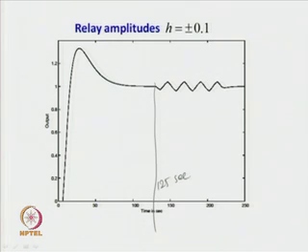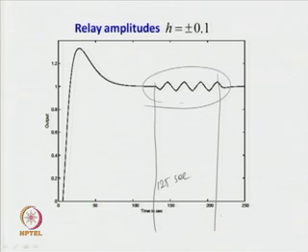So, the output becomes oscillatory, and when the relay is switched off at about 210 seconds, we go back to the steady state response. Again, if I draw a horizontal line connecting this, then we see that we obtain a symmetrical limit cycle output for the first order plus dead time integrating process.